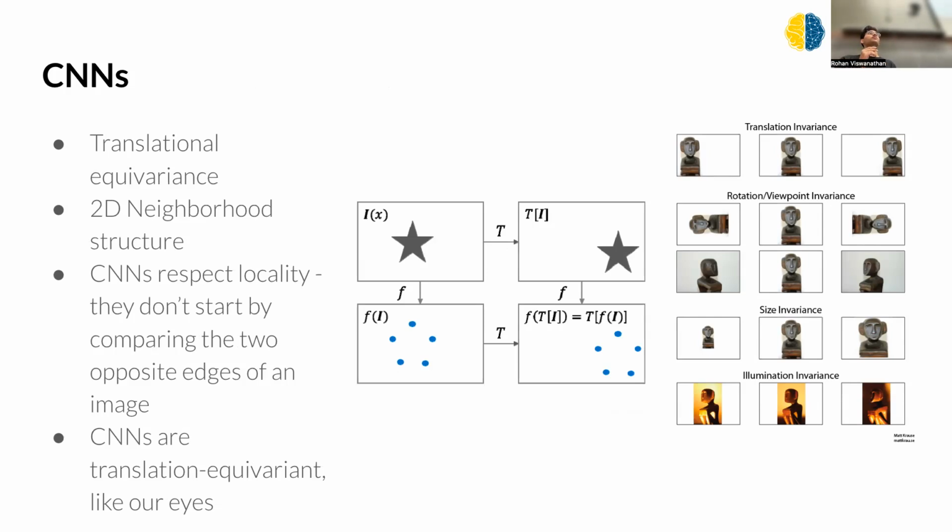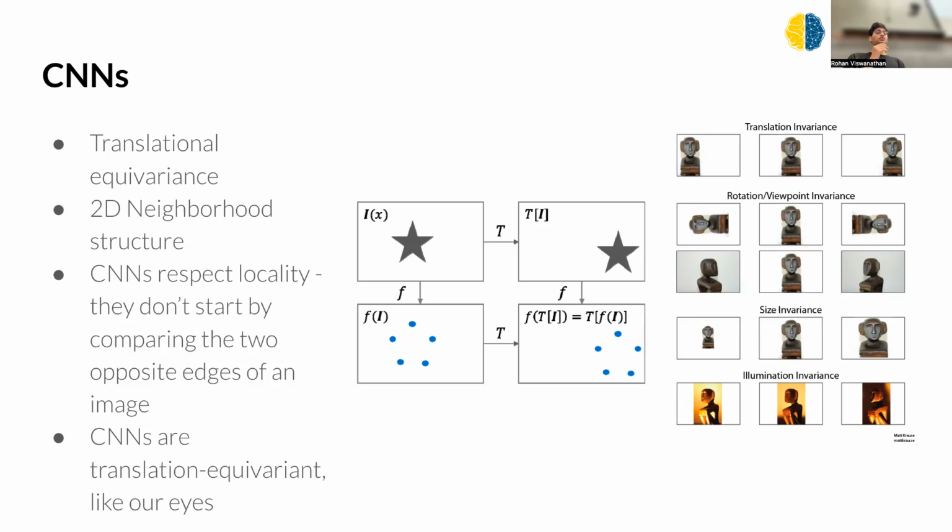CNNs are able to account for this, and a large part of this can be attributed to how they work. We are applying the same filter across an image. So if our area of interest changes, our output is also going to change because now we're applying this filter to a different part of the image. CNNs respect locality. They don't start by comparing two opposite edges of an image, but start with pixels that are closer together. And they apply this to the entirety of the image.